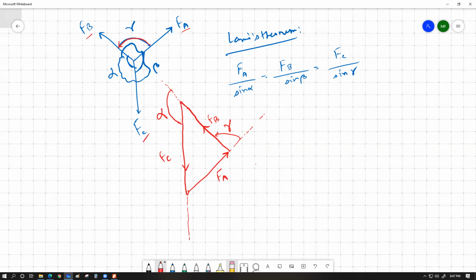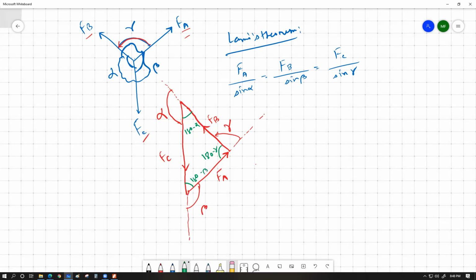So this angle should be beta. So this is basically the same diagram drawn over here. And you should see that all of these angles that I have drawn on the outside of the triangle are actually the external angles, which essentially tells us that this internal angle should be 180 minus gamma, this should be 180 minus alpha, and this one should be 180 minus beta.